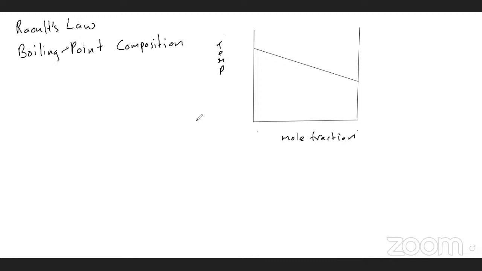All right, question. When it comes to Raoult's law, with the boiling point composition curve, what are the two deviations that you can get?